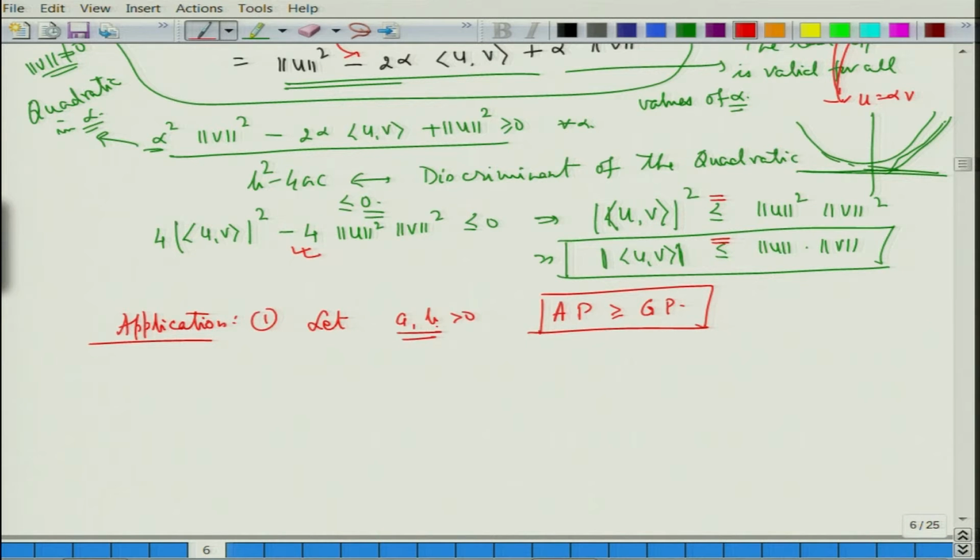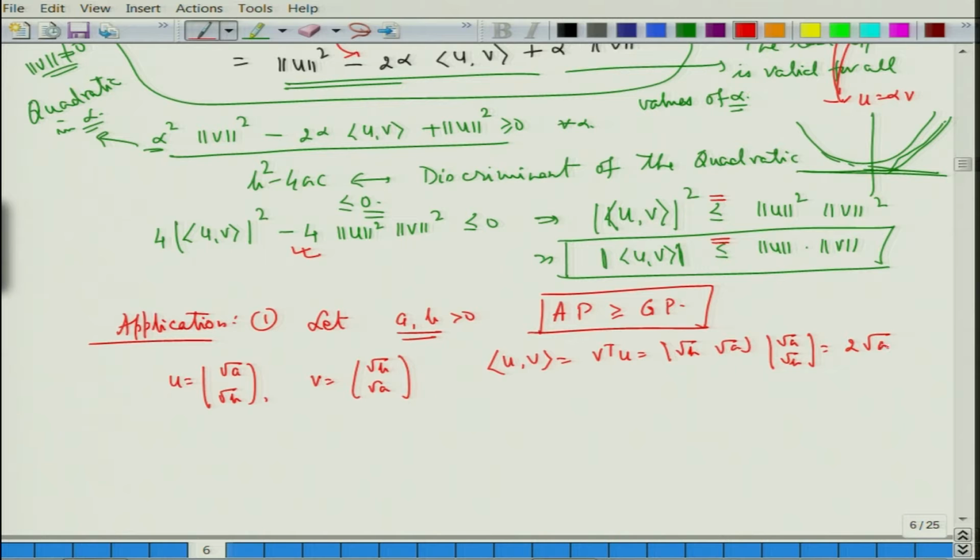Since a and b are positive, I can define my vectors u as (square root of a, square root of b) and v as (square root of b, square root of a). When I look at the standard inner product, (u,v) is nothing but v transpose u, which is square root of b times square root of a plus square root of a times square root of b, which equals 2 times square root of ab.